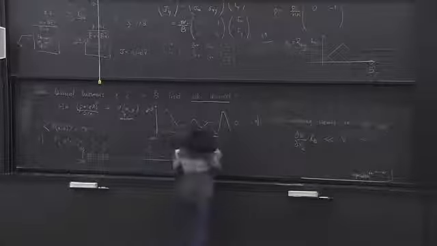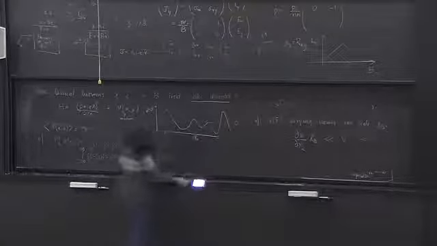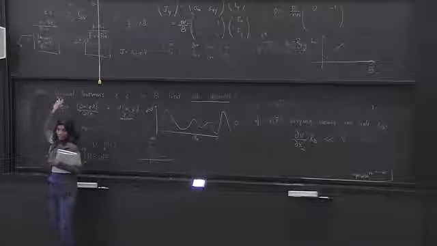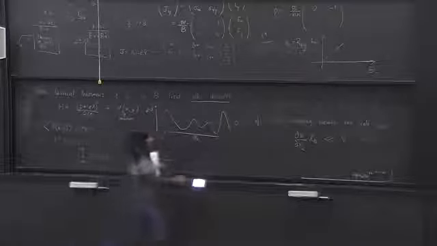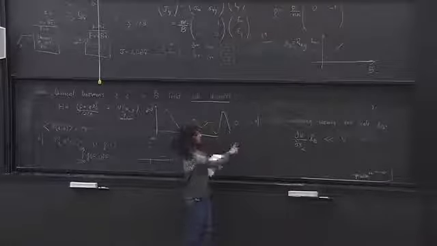Okay? This fourth assumption is the reason this is going to be a semi-classical treatment. We're not going to solve the problem exactly. We're going to approximately solve the problem in this limit.